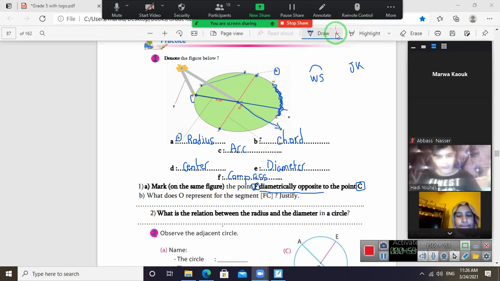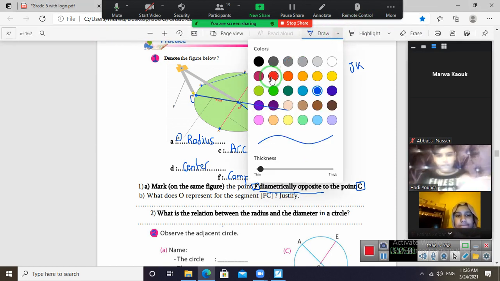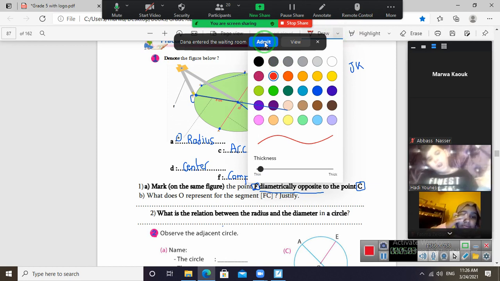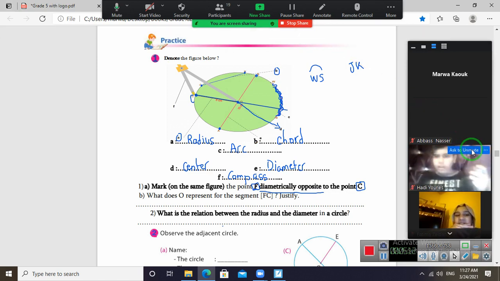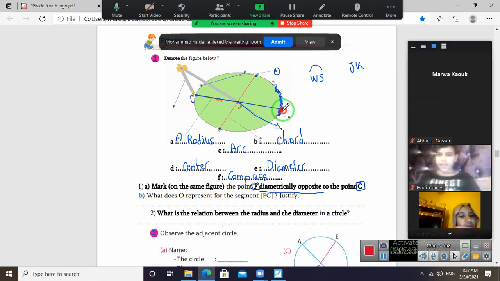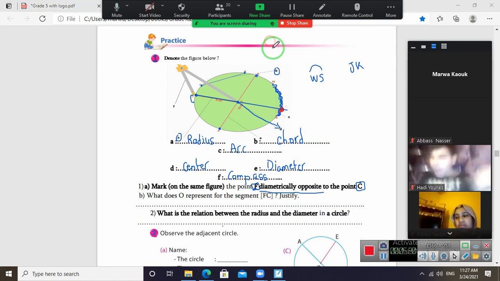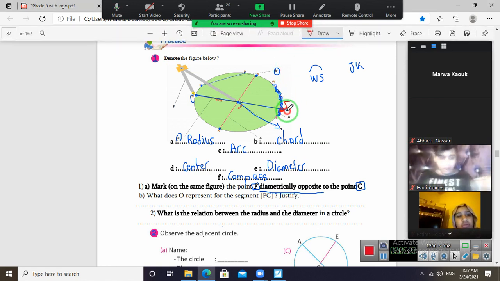So they are asking me to draw a diameter, but in another way, by saying diametrically opposite, not diameter. Here we are, the point F.